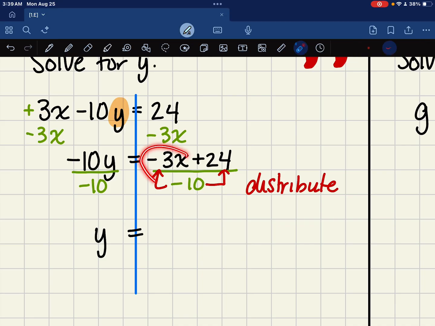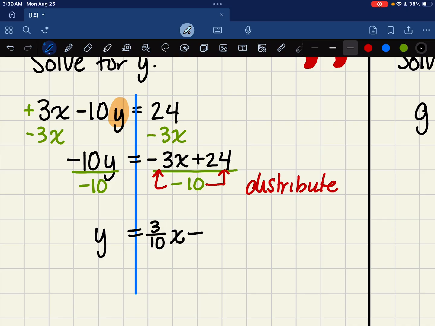So let's start here. A negative and a negative will cancel out, so this will be a positive number. And 3/10 as a fraction can't be reduced. So I'm going to call that 3/10 x. Now when I go to distribute here, a positive divided by a negative will come out negative.